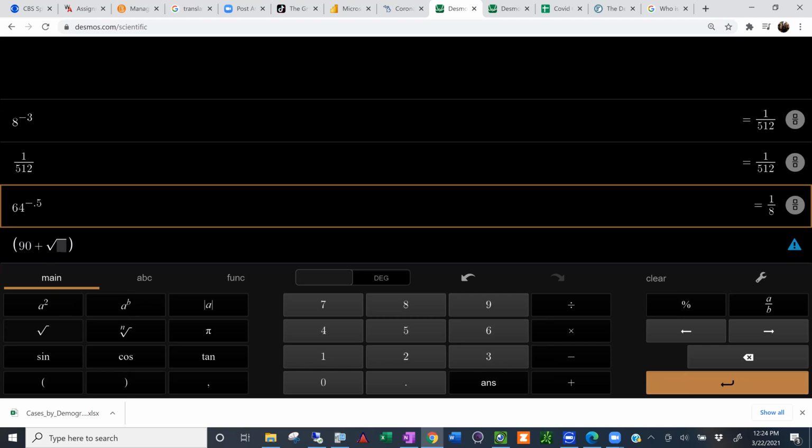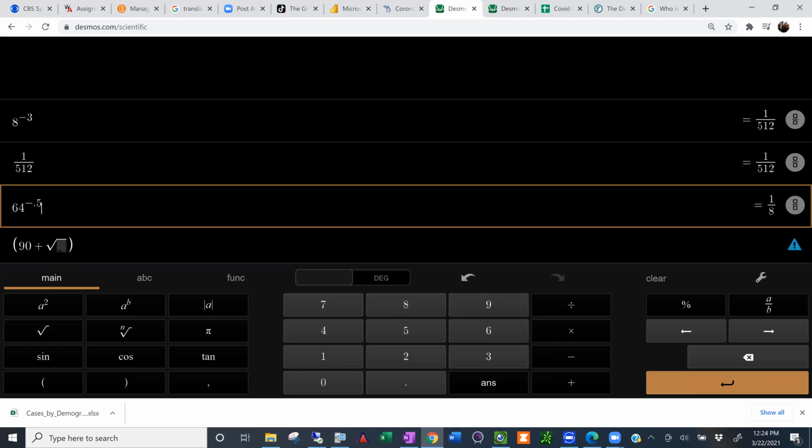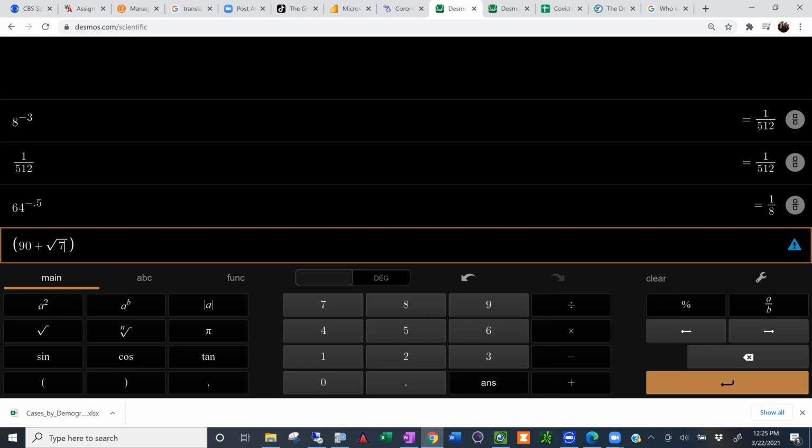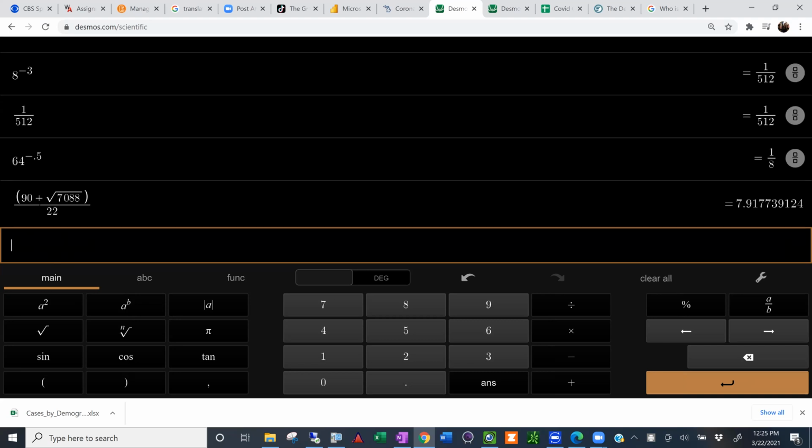Well, what's going on here? 7,088, and then close parenthesis, divide by 22. So you're getting the same thing.